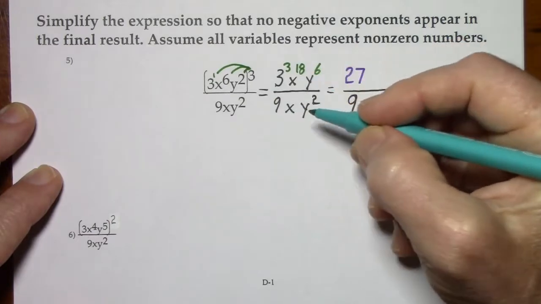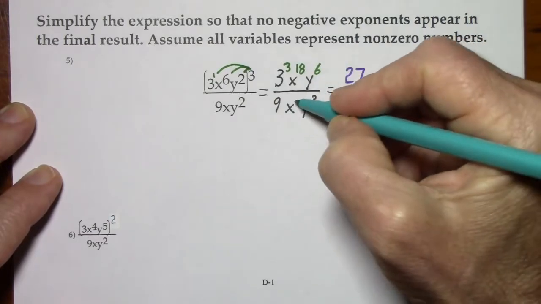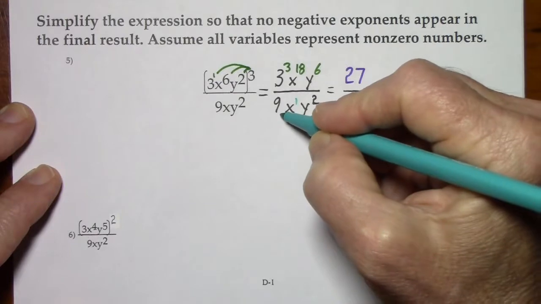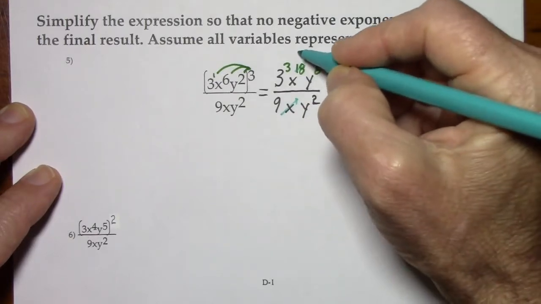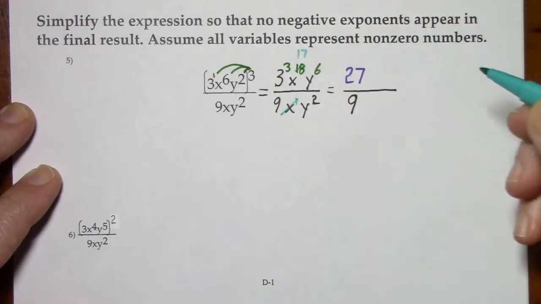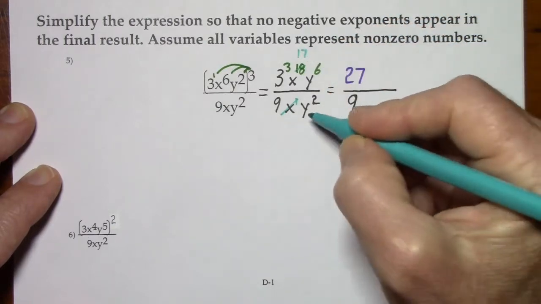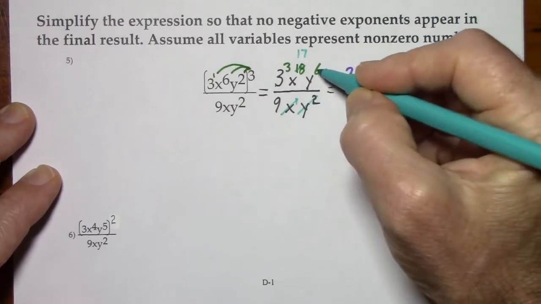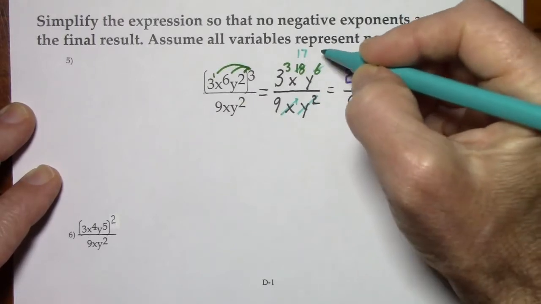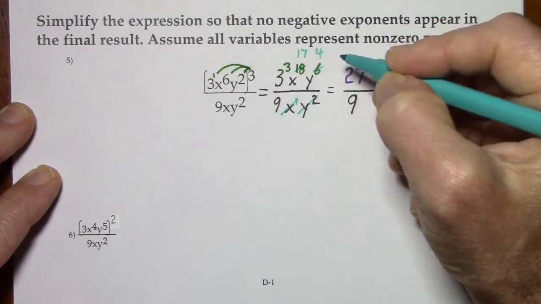But with the x's, we can use the quotient rule. This is x to the first. So cancel that out. Subtract 1 from 18. You're left with 17. Cancel both of these y's out. Subtract 2 from 6. And you're left with 4.